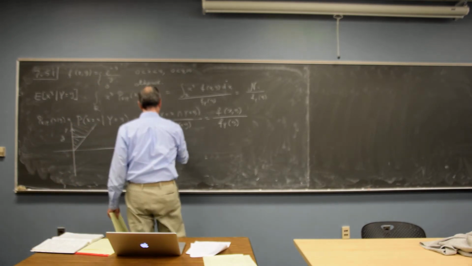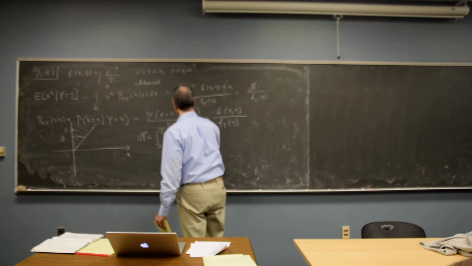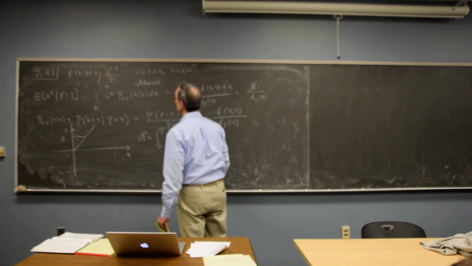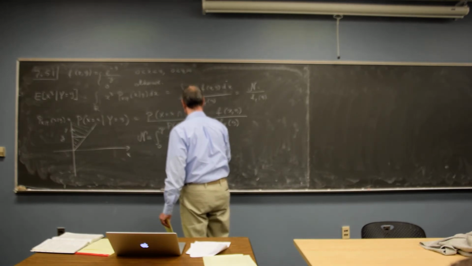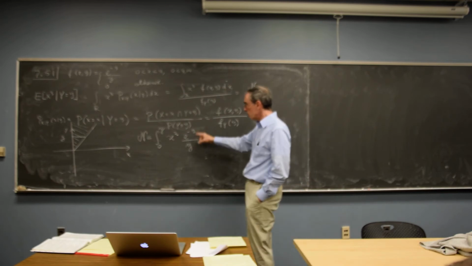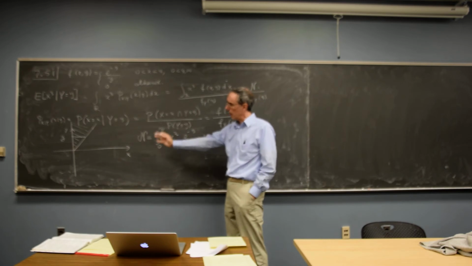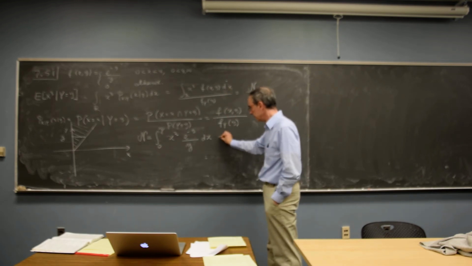So it's x cubed times e to the minus y divided by y dx. E to the minus y divided by y is not a function of x, so this can be pulled out of the integral.